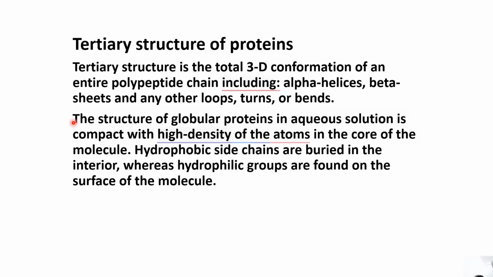The structure of the globular proteins that we have talked about, in aqueous solution, is compact with a high density of atoms, right? Atoms in the core of the molecule. Hydrophobic side chains are buried in the interior, whereas hydrophilic side chains are seen on the surface of the protein molecule.